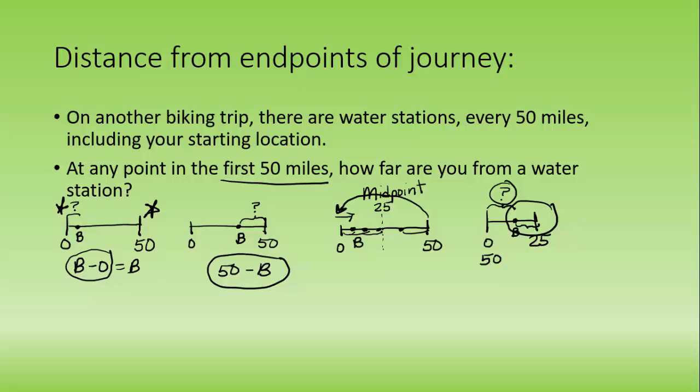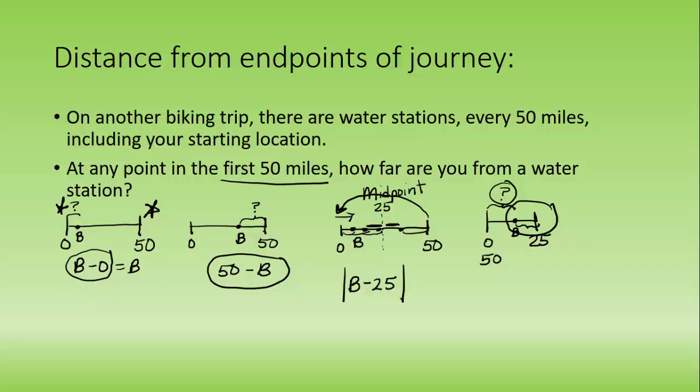We already know the distance between us and the midpoint is |b − 25|, with the absolute value because we don't know if we're before the midpoint or after the midpoint. So that gives us the distance between us and this region right here, either here or here.